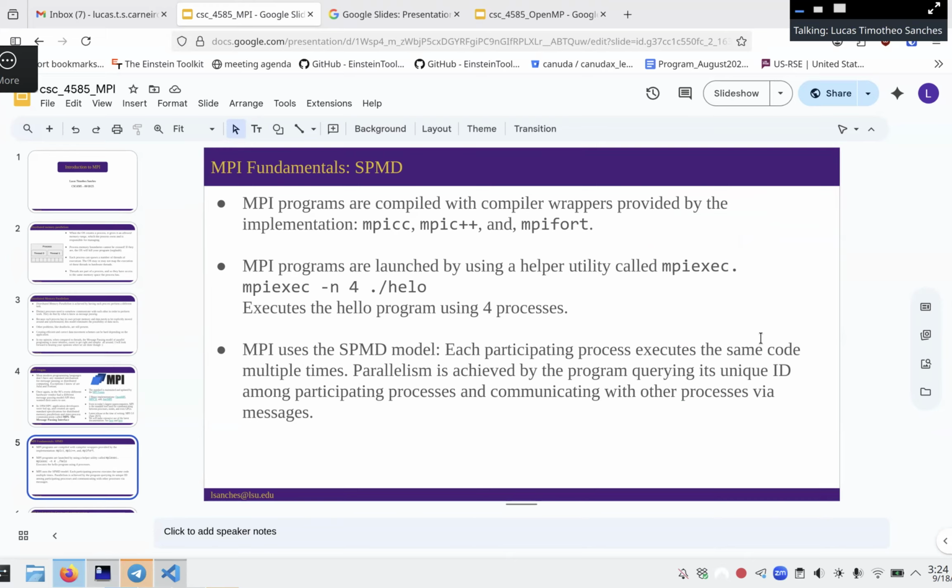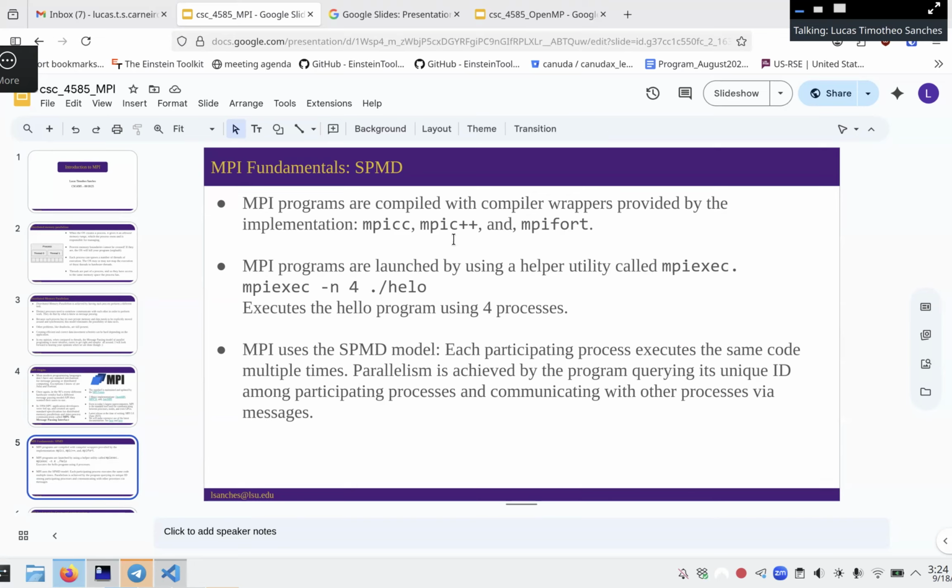All right. So the most fundamental thing you have to remember about MPI is that it uses the SPMD paradigm of parallelism, which stands for single program, multiple data. And what that means is that MPI programs are compiled and executed using certain wrappers.